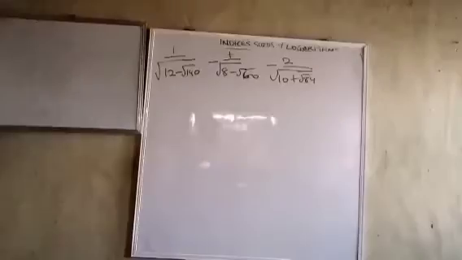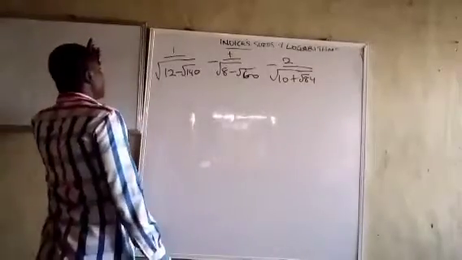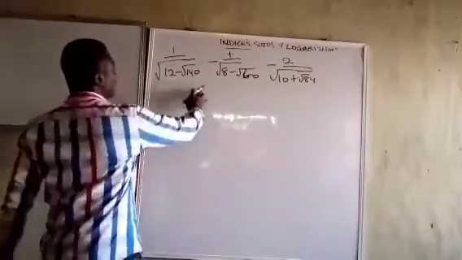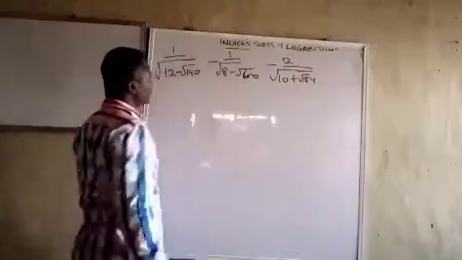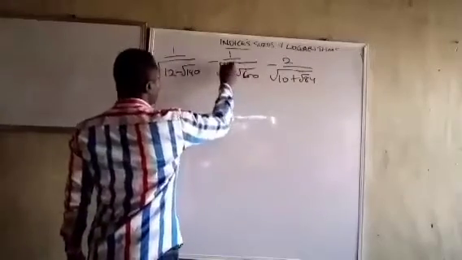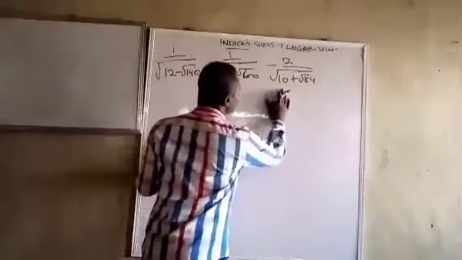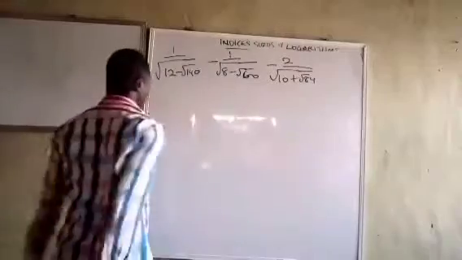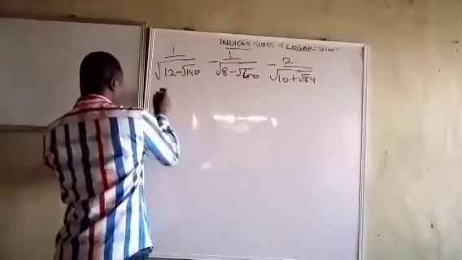Final answer. The question is 1 over root of 12 minus root of 140, minus 1 over root of 8 minus root of 60, minus 2 over root of 10 minus root of 84. So we need to concentrate on the denominator first.